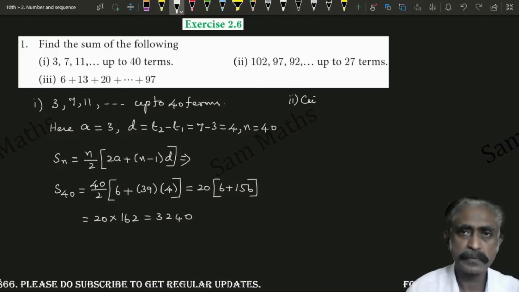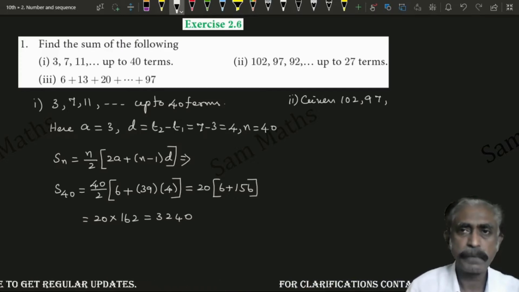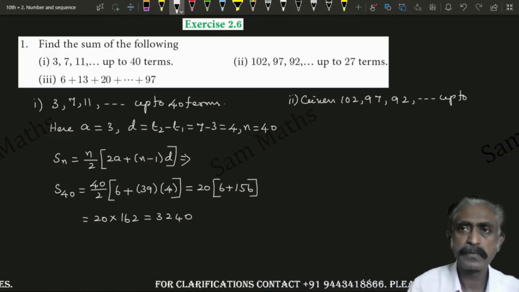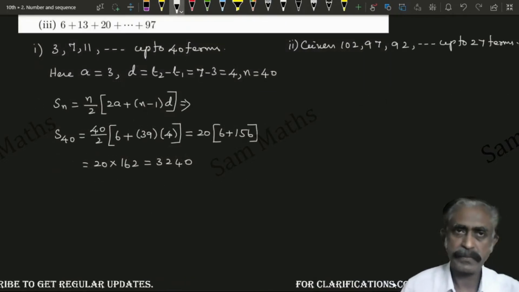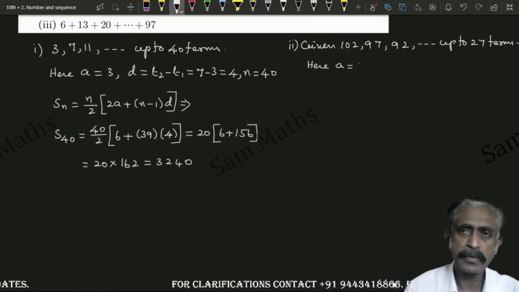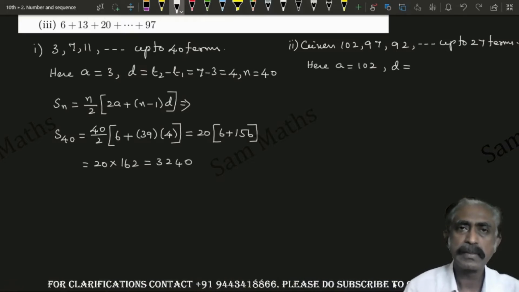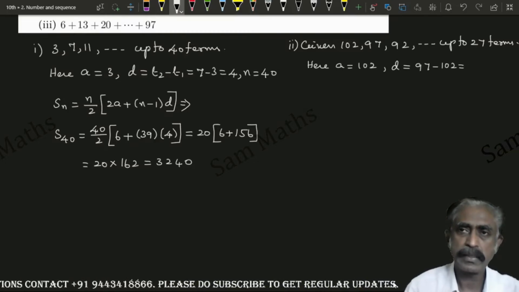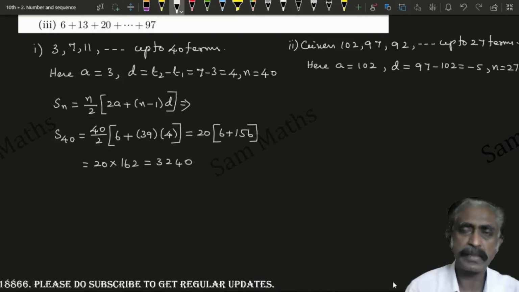Here it's given 102, 97, 92, etc. up to 27 terms. This is just like the previous. Here A is equal to 102, D is equal to second term minus first term, 97 minus 102, that is equal to minus 5, and N is equal to 27.